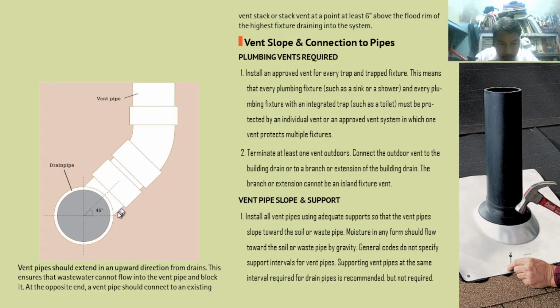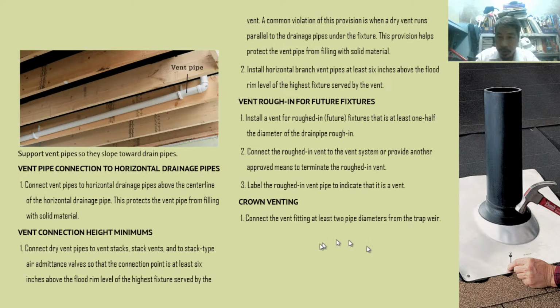So we are connecting it above here. So this is above the center line. It is not done without thinking. It is planned. It is designed to be like that.